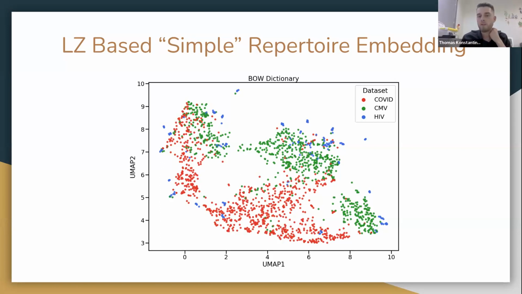We have a figure in our paper showing exactly this. We showed in our figure 3 variations of this exact plot. When we take only one data set, so we take only HIV, we build a graph from HIV, and we use that graph to encode all COVID and all CMV repertoires. So we have the same base graph, and we saw that we get exactly the same behavior regardless of which data set we use as our base graph.